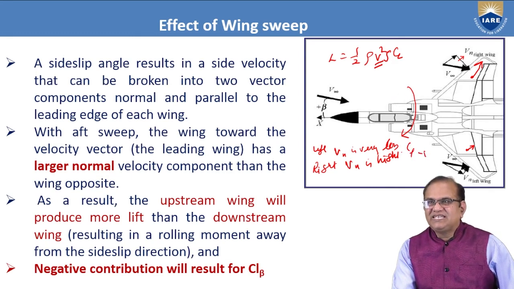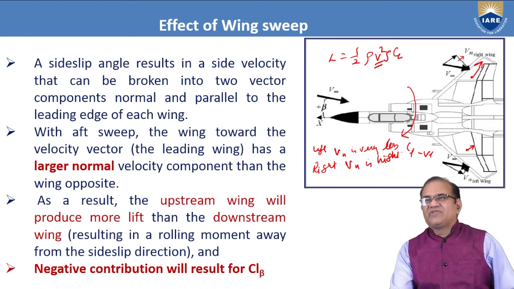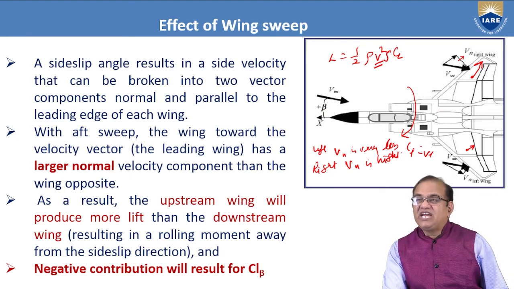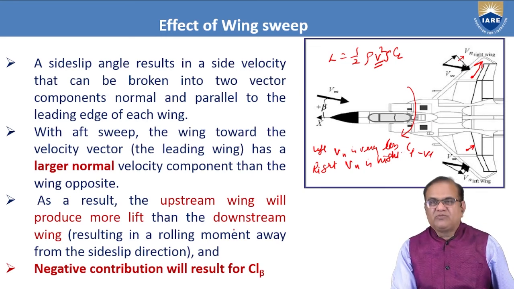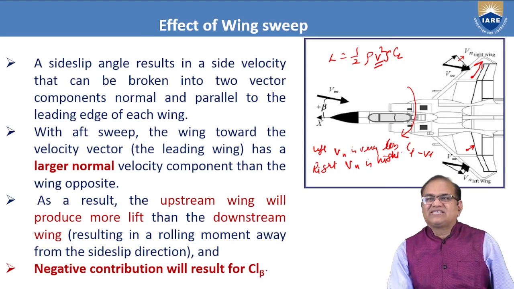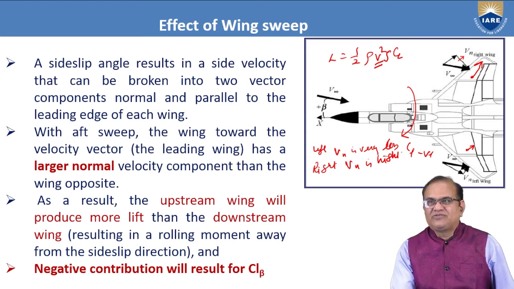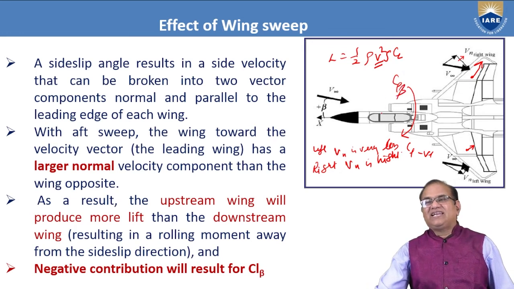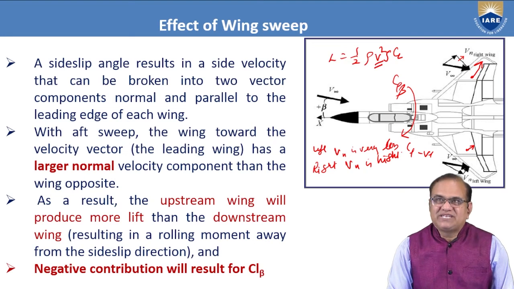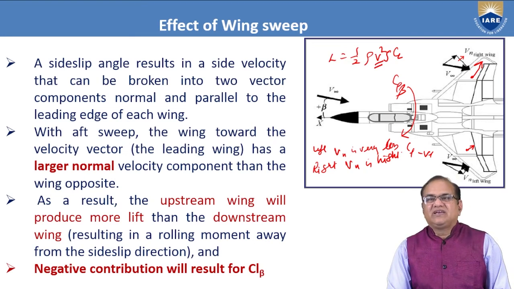For positive beta, by sweep itself, it is generating a negative CL and the aircraft is statically stable. So a negative contribution will result for CL beta. The wing sweep will generate lateral static stability, and CL beta will be negative.